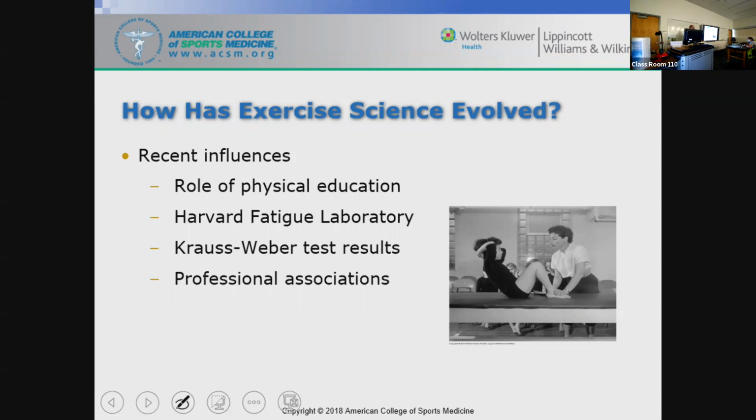There are organizations for anatomy, biomechanics, athletic training, obviously, physical therapy, occupational therapy, motor control and learning, psychology, exercise psychology specifically. So there's a lot of different organizations now for this field. In your specific area, you can find an organization that fits you the best.